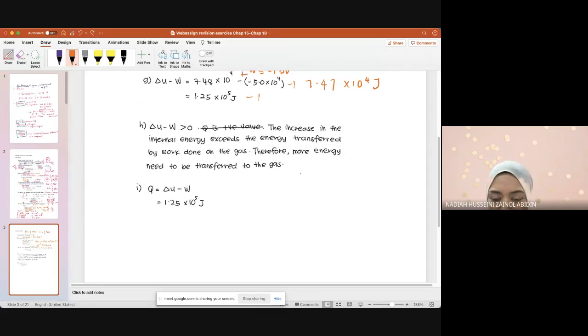Should I write it down? I think I should. Okay, must thermal energy be transferred, I should have copied and pasted, tak apa, to the gas during constant P expansion or taken away.